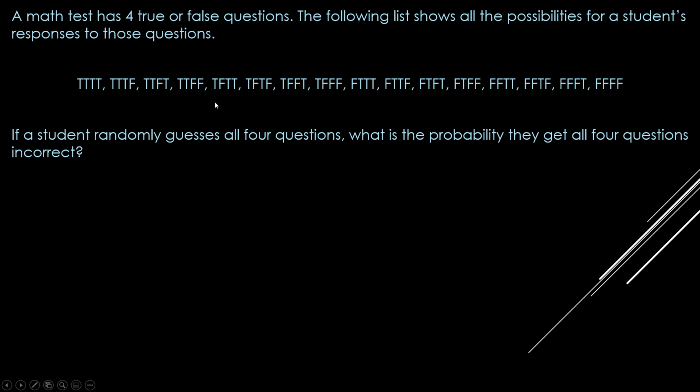So knowing what's the probability they get all 4 questions incorrect, well, if they get all 4 questions incorrect, that would mean that they'd have to miss every single one, right? And if they missed every single question, that would be a really small probability. There's 16 total options here, right? If I were to go through and count them all, 1, 2, 3, 4, 5, 6, 7, 8, 9, 10, 11, 12, 13, 14, 15, 16.